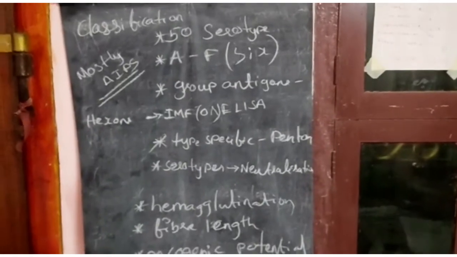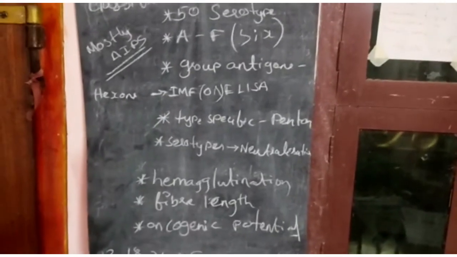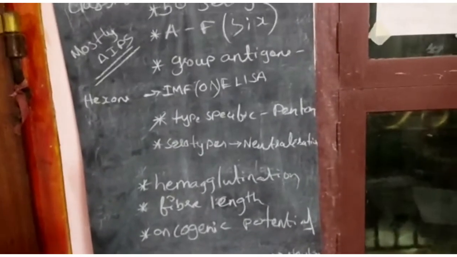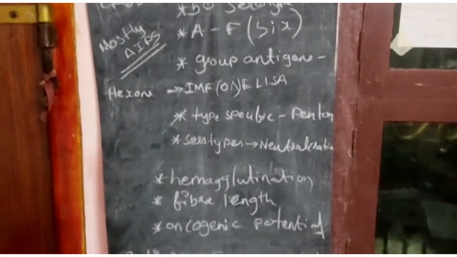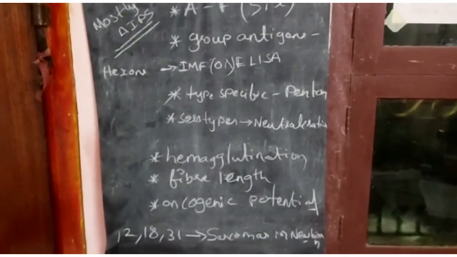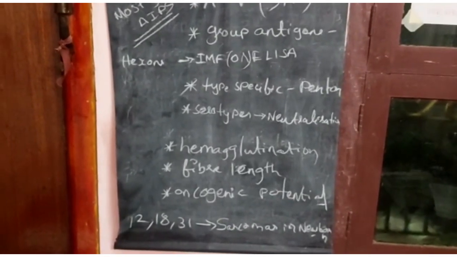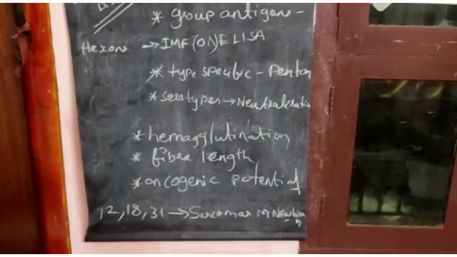The serotypes are detected by neutralization test, and the 6 groups have been classified based on hemagglutination, fiber length, and oncogenic potential of the viruses. The human oncogenic viruses types 12, 18, and 31 cause sarcomas in newborn hamsters.